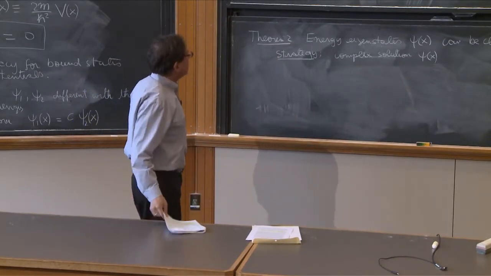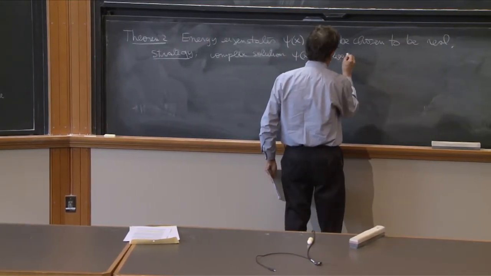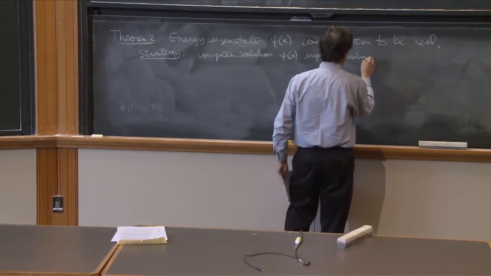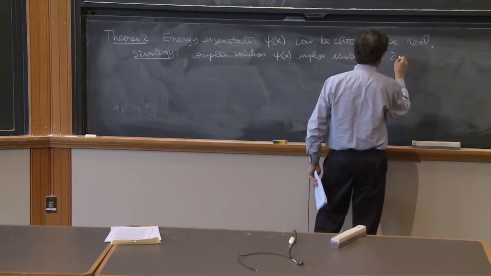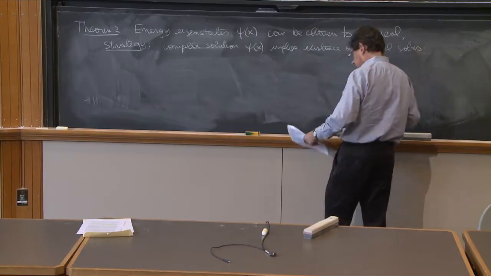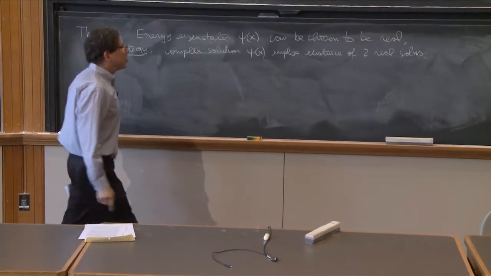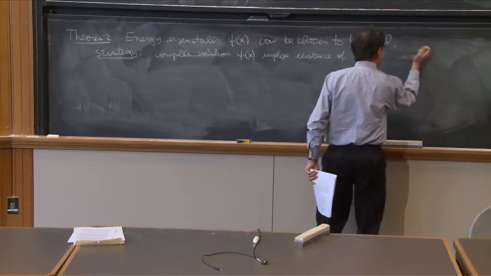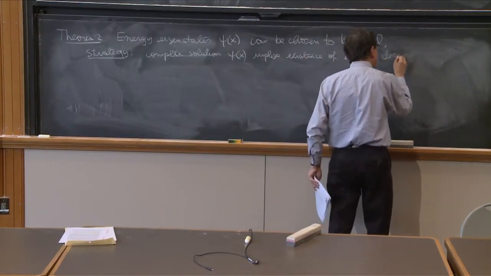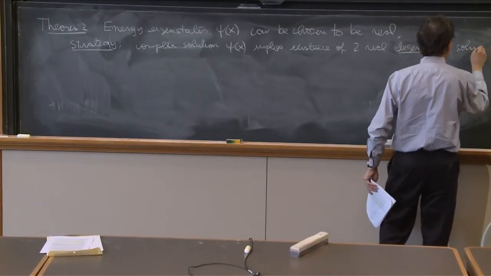So complex solution implies existence of two real, degenerate solutions.